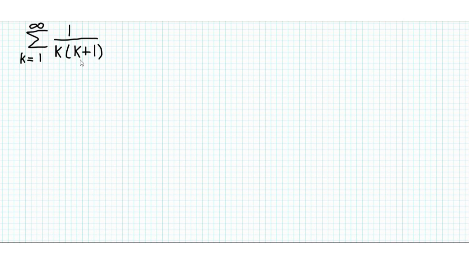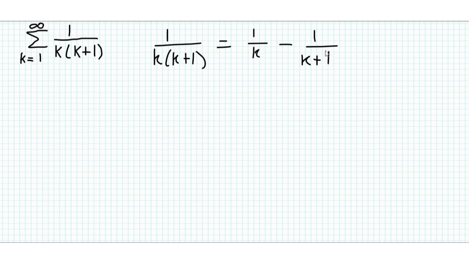So the first trick we use here is partial fraction decomposition: you can see that 1 over k times k plus 1 is equal to 1 over k minus 1 over k plus 1.